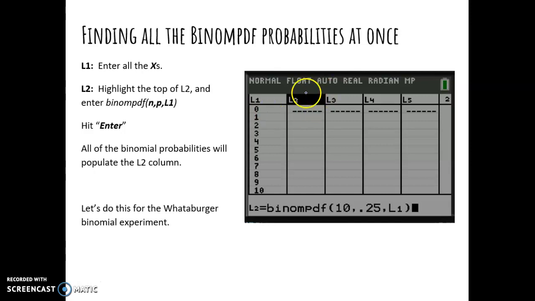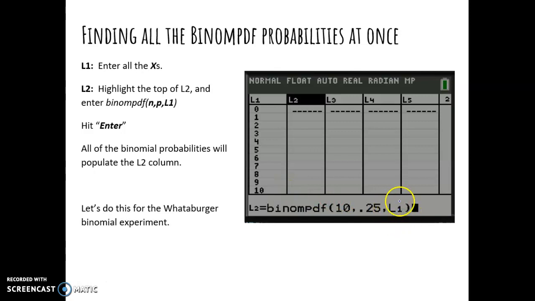Now in L2, we highlight L2, so make sure you arrow up all the way to the top of L2 so that L2 has a black box around it. And you're going to type in the formula, which is Binomial PDF. Second vars, choose Binomial PDF, put in your number of trials, which is 10, comma, or fill in the prompts, the probability of a success, which is 0.25, comma, and here's where it gets different, because you want this to populate the probabilities for all of these random variables occurring, or all of these successes.